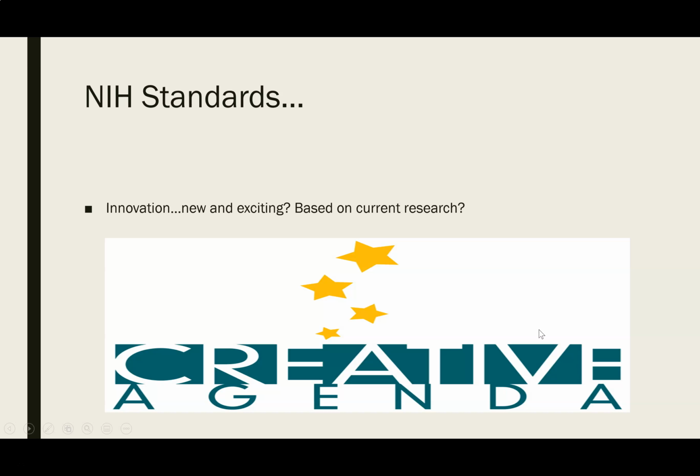The next one is innovation. And under innovation, they're looking for new and exciting ideas based on current research. So I'm going to give you an example of something that was new and exciting a decade or so ago. And that was looking at teen pregnancy prevention. It was determined that it did not make sense to only gear teen pregnancy prevention programs at females.